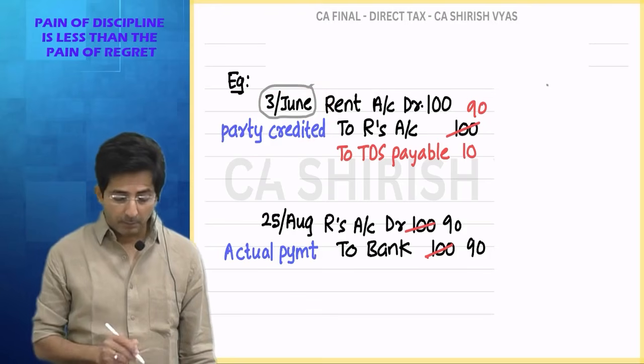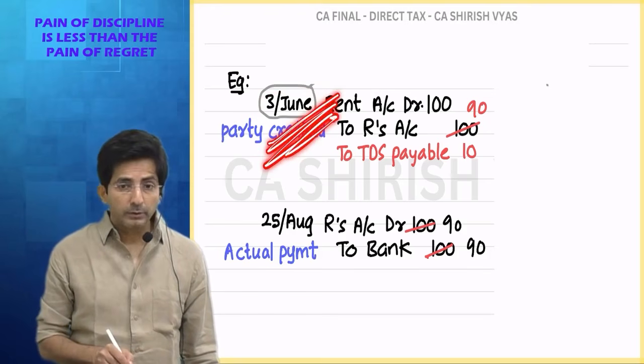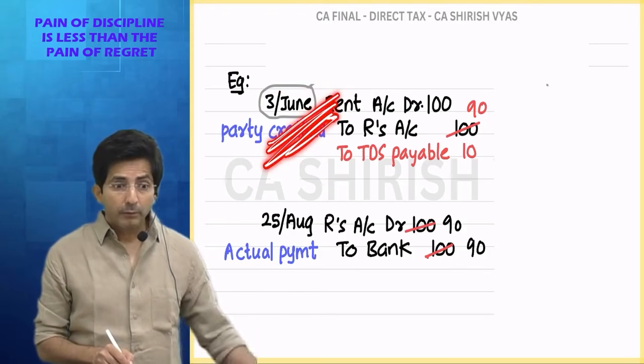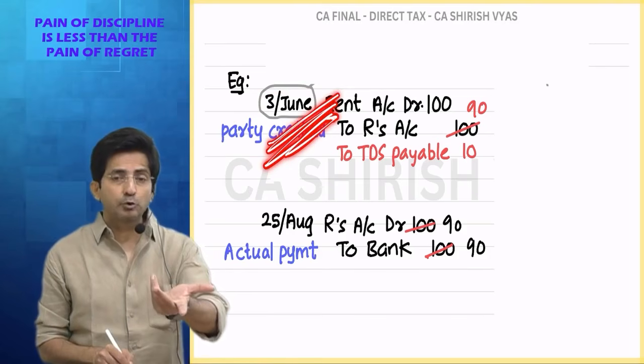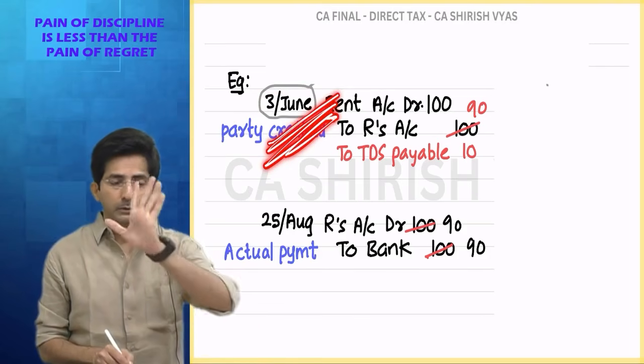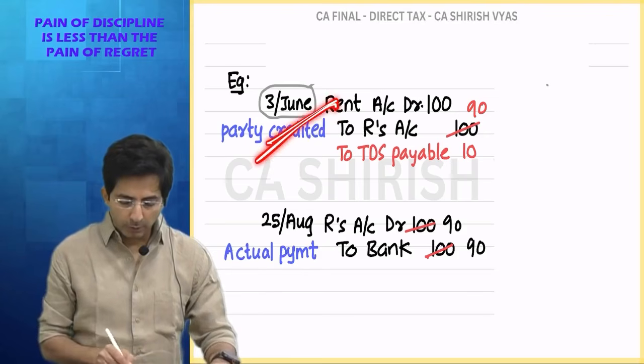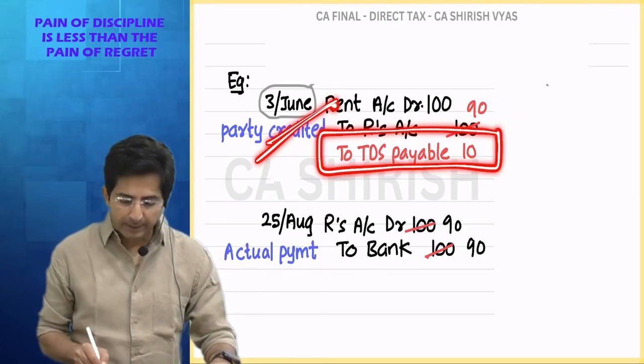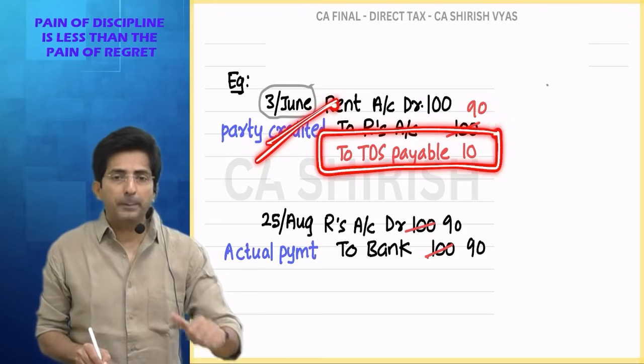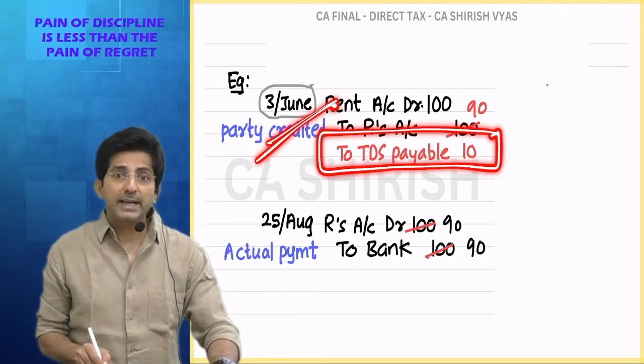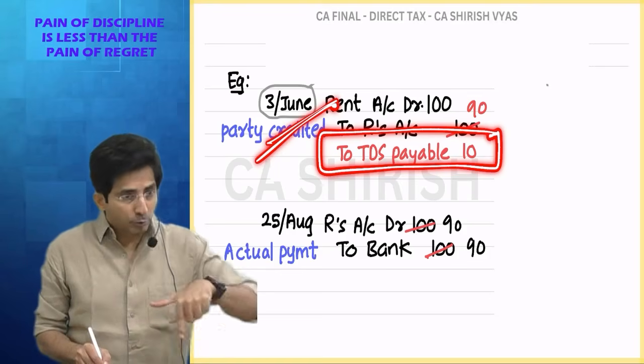Okay. Now, see, 3rd June is June. Now by 7th of the next month, I have to deposit this TDS. See, on 3rd June it is standing like a liability. When do you have to actually pay it off? 7th of next month. 7th of next means next to which? Next to June.